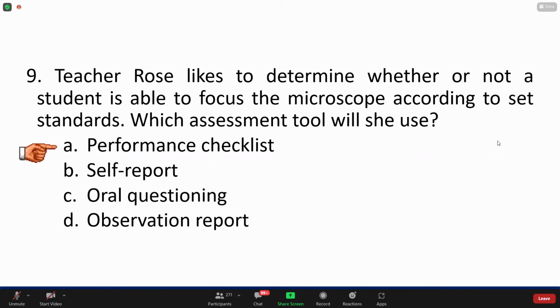Unlike sa performance checklist, you are already provided with the standards that you need to see or na dapat i-perform ng ating students. Okay? So of course, hindi papasok yung oral questioning at saka self-report. So automatically, dapat nagsisense of elimination kayo with the choices. Okay? For number 9, the answer is letter A.